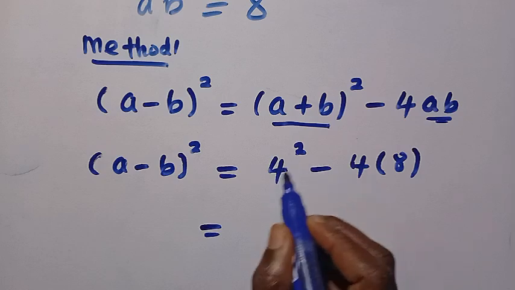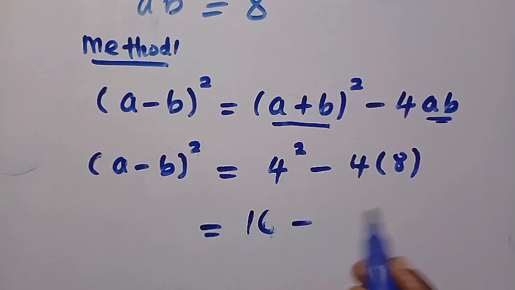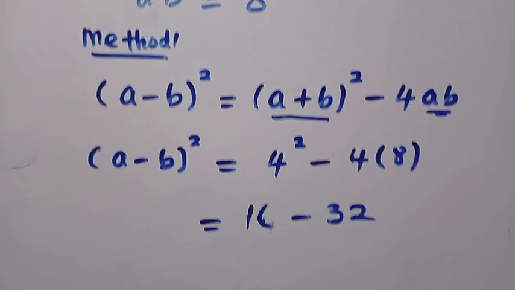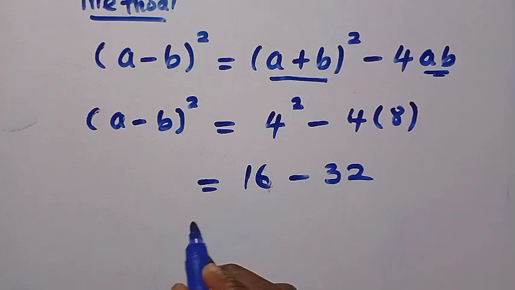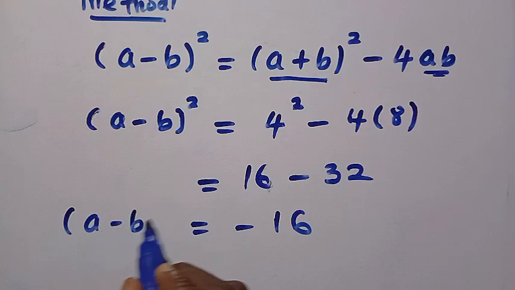That is 16 minus 4 times 8, which is 32. Subtracting, we have minus 16, which equals a minus b raised to the power of 2.